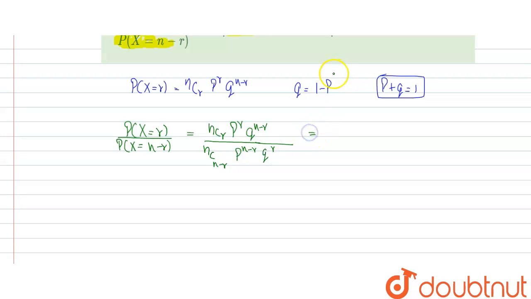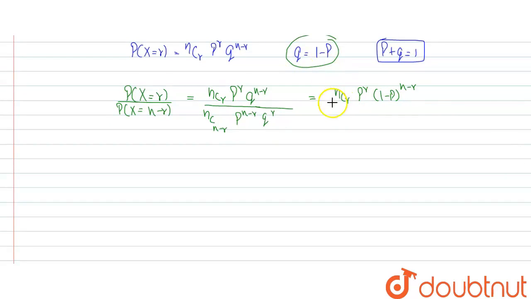Okay, now we simply substitute q is equal to 1 minus p in this equation, so we'll get nCr into p to the power r into (1 − p) to the power n minus r divided by nC(n − r) into p to the power n minus r into (1 − p) to the power r.